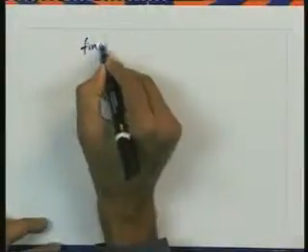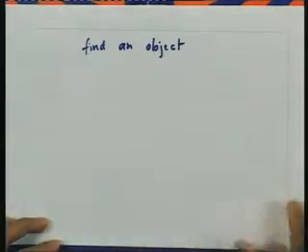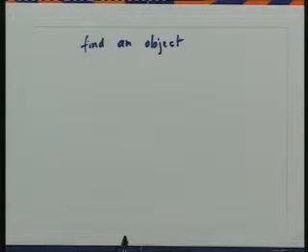The general problem that we are going to address is something like the following. We want to find an object, and this will usually be a discrete object, say a set of numbers or a graph.